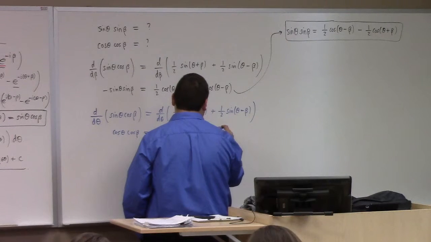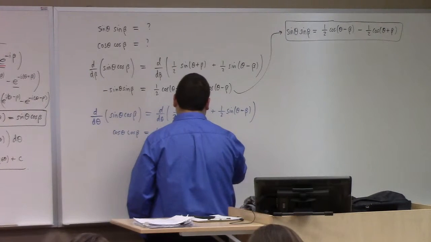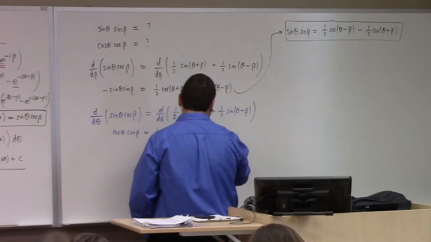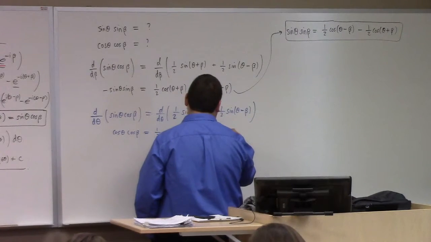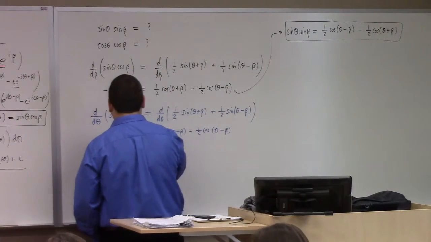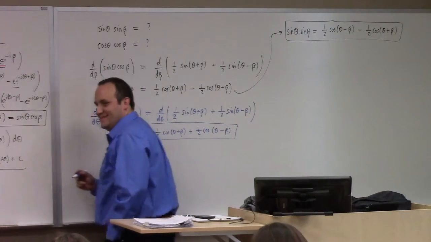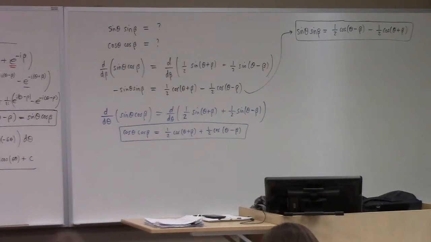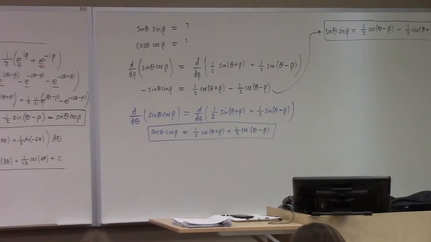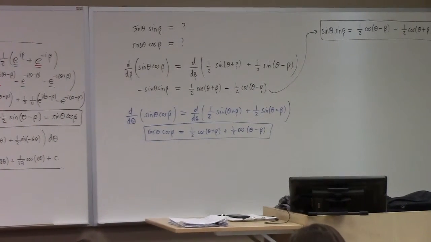Don't waste hours over it. Every so often I get an email from a student like, I've been thinking for 3 hours about this line and I can't come to terms with it. And I was like, that's because it's wrong. You should have emailed me 2 hours ago, 2.5 hours ago. Okay, anyway, so there's the other one.